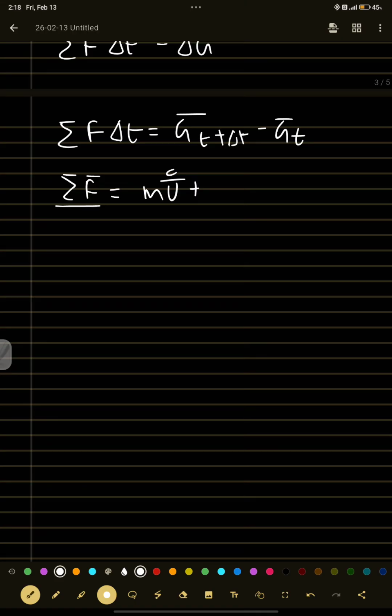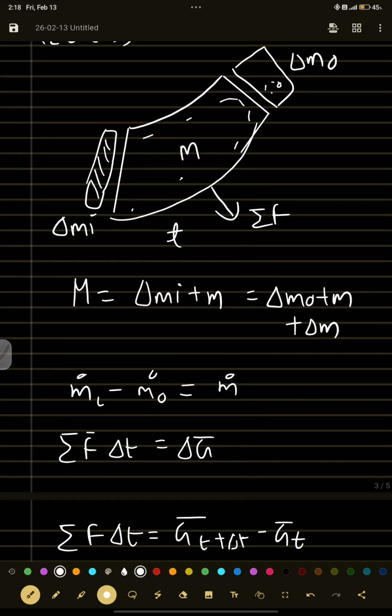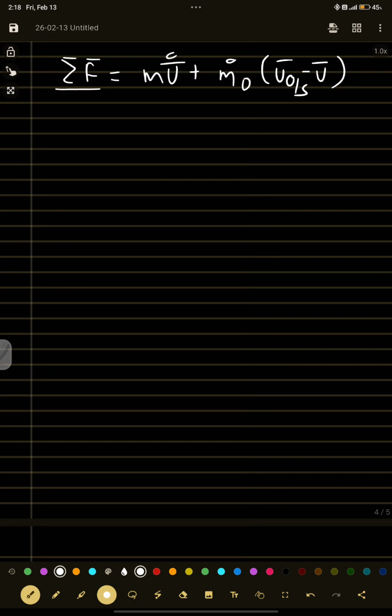You can write it as m dot O, the relative speed of the exhaust as seen from the system, minus m dot I into the ingress mass velocity relative to the system.